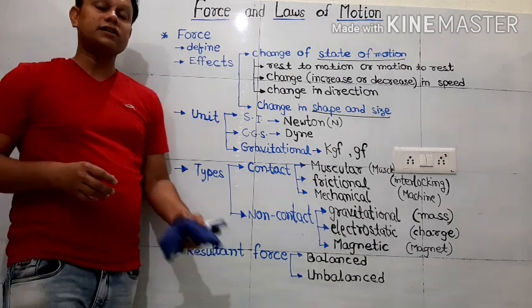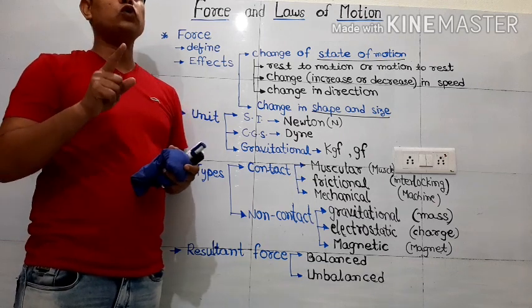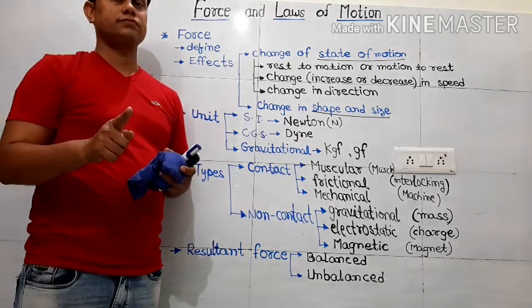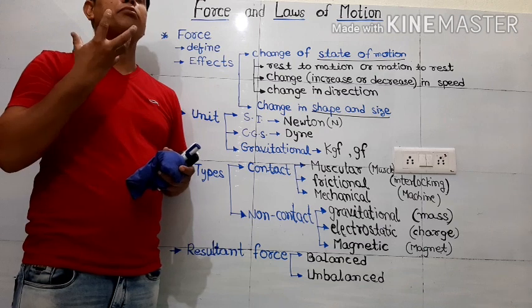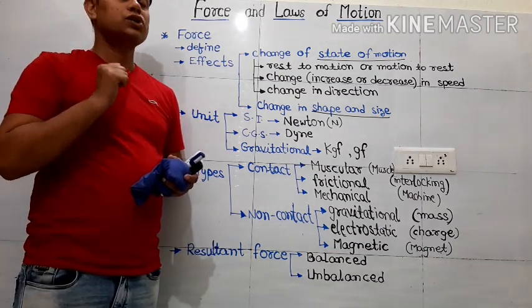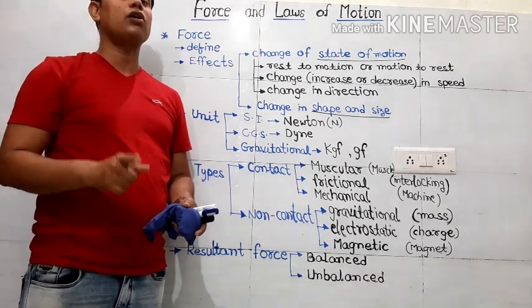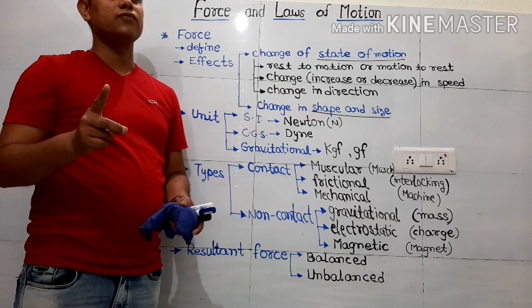Now, before starting this, I want to add one fact about force: force is a vector quantity. That means it has magnitude as well as direction. So while dealing with force, you have to take care of the direction as well.